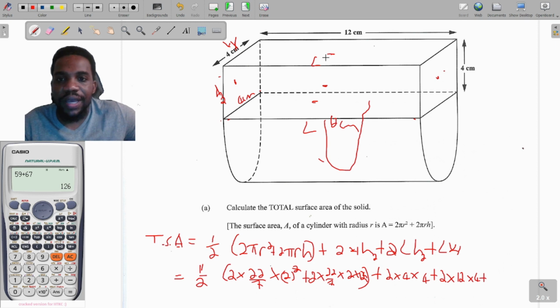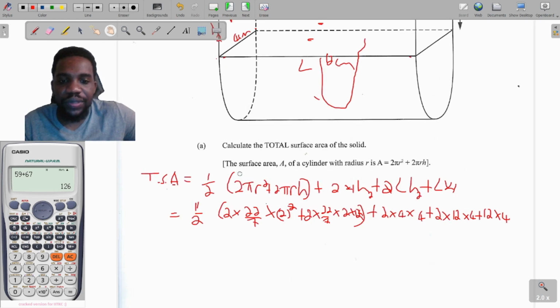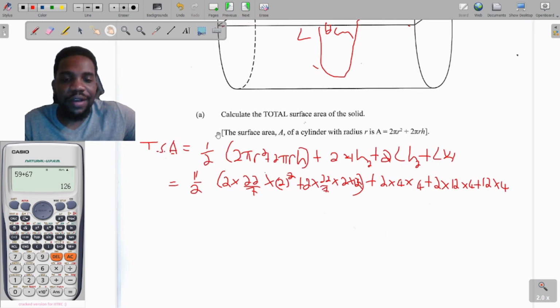And the length, of course, is 12, and the width, of course, is 4, so times 4. Alright, so I can pull this up now because this is really going to be a matter of calculator work.